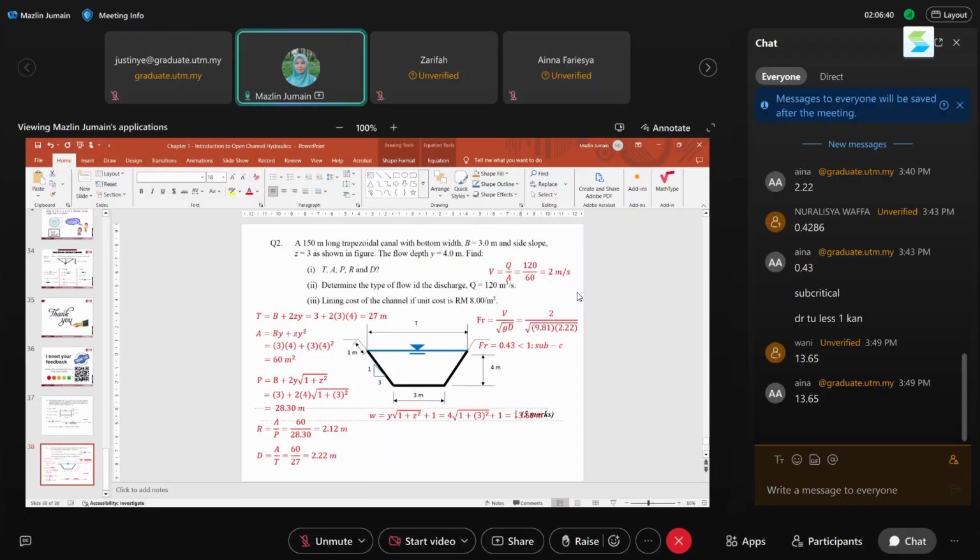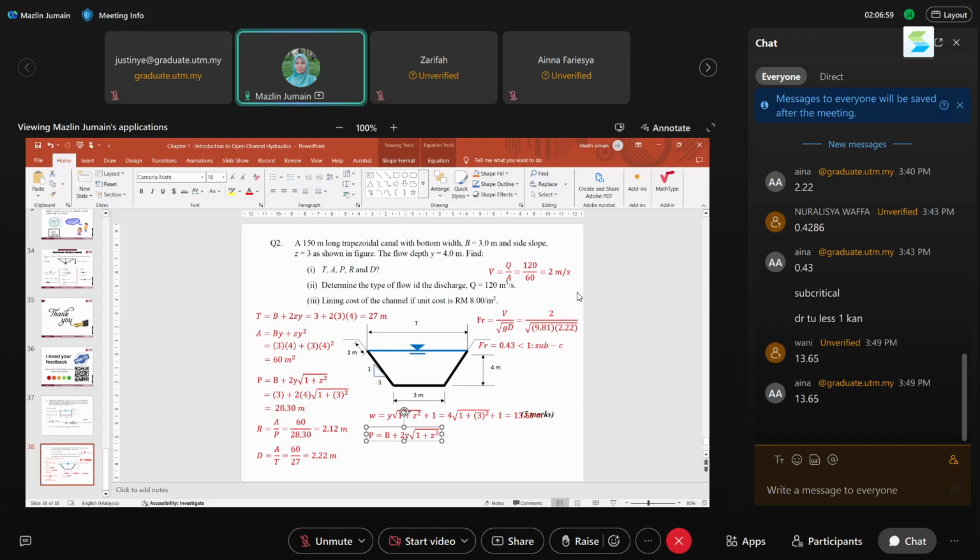Okay, and then next you need to calculate the P. So here for the wetted perimeter, we have B plus with 2W.